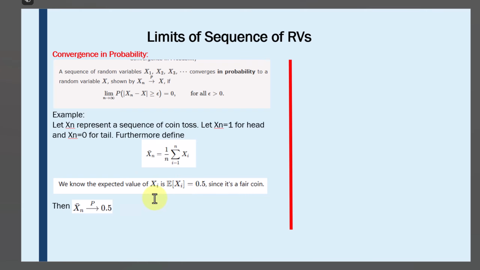Since this is a fair coin, as you repeat this experiment more and more times, as n goes to infinity, the number of times you get heads is 50% and the number of times you get tails is 50%, with high probability. Or in other words, the probability that Xn bar departs from 0.5 goes to 0 as n increases.